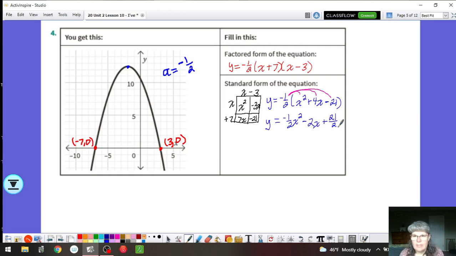And if we look at our graph, 21/2, that's about 10.5, but it looks like my graph is up at about 12.5, so I'm wondering if I made a mistake. I can't see it right now.